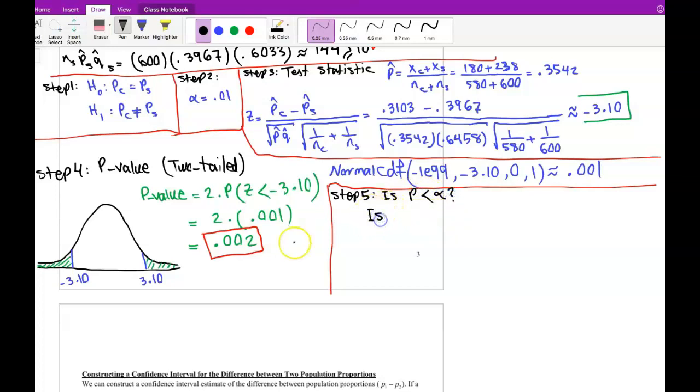So is this 0.002 less than alpha, which was 0.01. Okay, so the answer is yes. What that means, reject null hypothesis. So reject null.